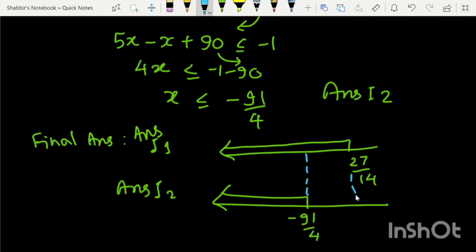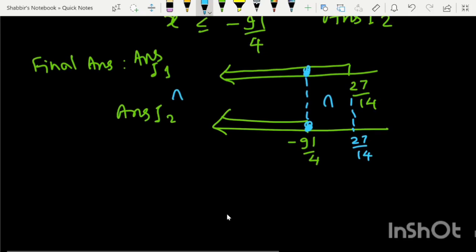Okay, and we will take intersection of these two. So from minus 91 by 4 to this point, which is 27 by 14, we have nothing in common, so it won't be the answer. But minus 91 by 4, which is included here, is also included here. So the intersection of these two would be what, guys?